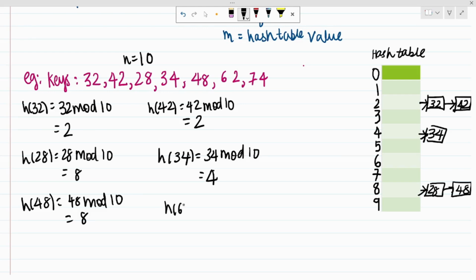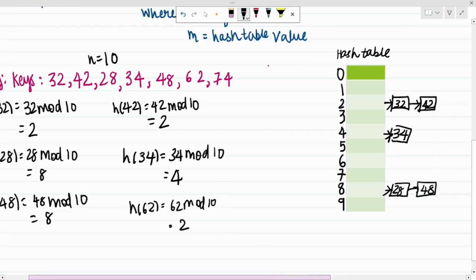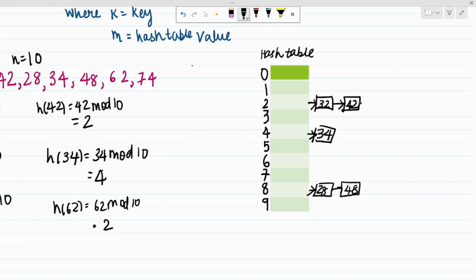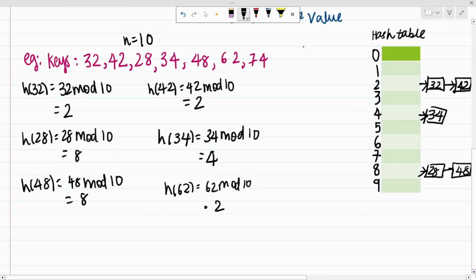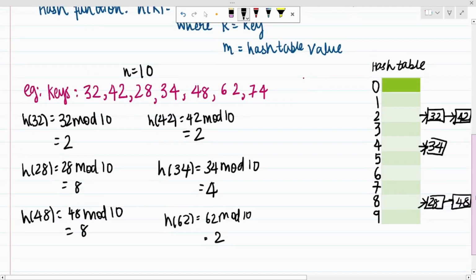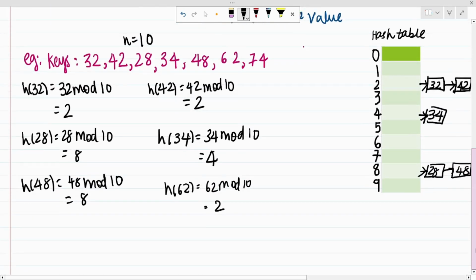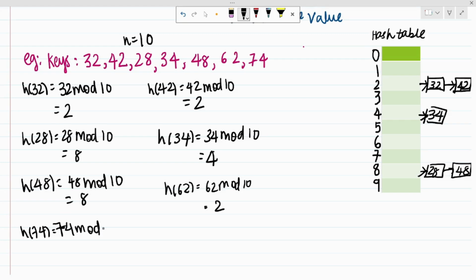Next is 62. 62 mod 10 is 2. Write it beside 42. The next key is 74. 74 mod 10 gives the value 4.